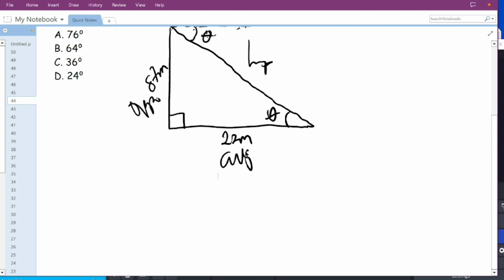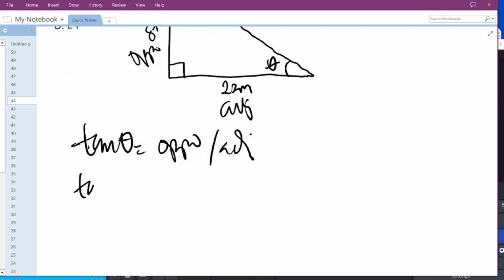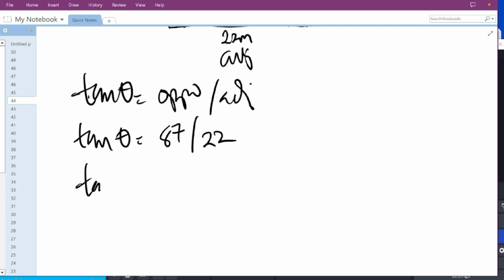The relationship between the angle, the opposite, and the adjacent is tan theta. So tan theta equals opposite over adjacent. Our opposite is 87, our adjacent is 22. Tan theta equals 87 divided by 22, which gives you 3.95.